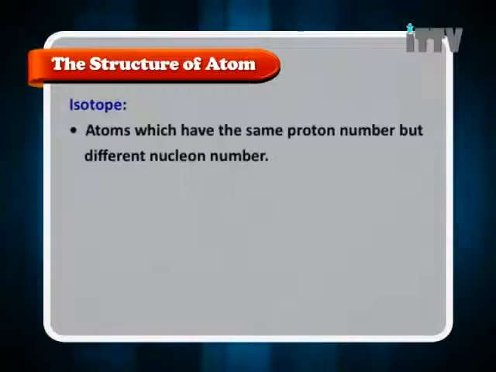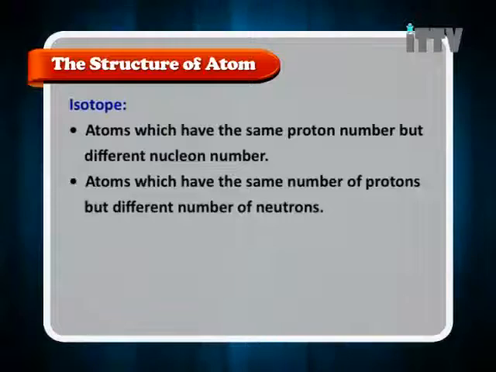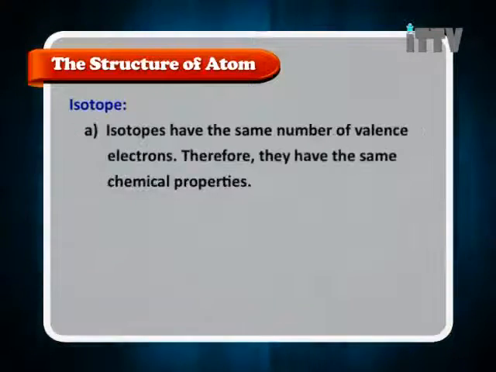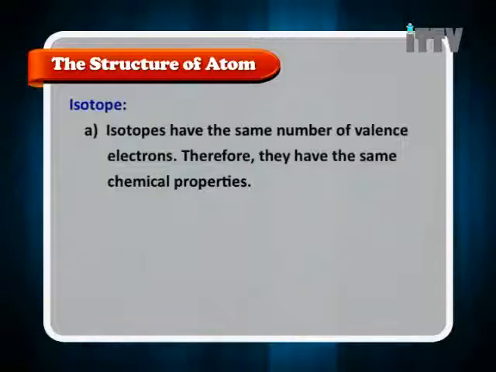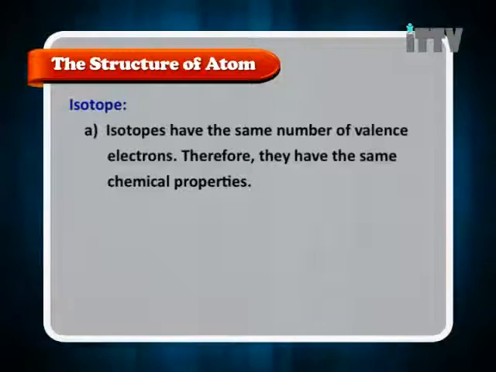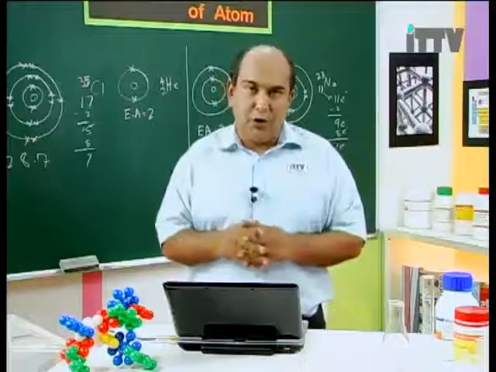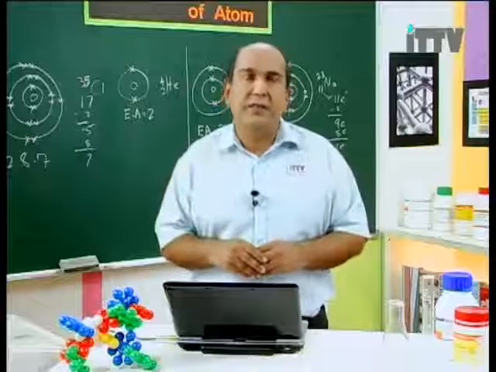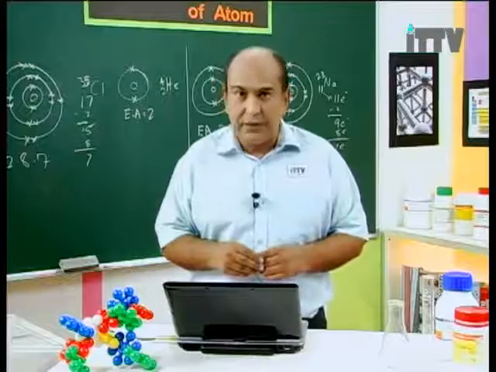Isotope. Atoms which have the same proton number but different nucleon number. Atoms which have the same number of protons but different number of neutrons. Isotopes have the same number of valence electrons. Therefore, they have the same chemical properties. Remember, an isotope has the same number of protons, which means it must have the same number of electrons. Therefore, the same electron arrangement.